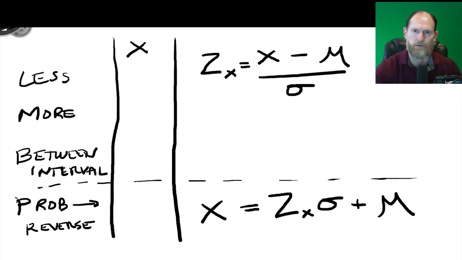Now, this does not give us the answer to these. We still need to take this a step further. Once we get that z-score, we go to the z-score table and get a probability.